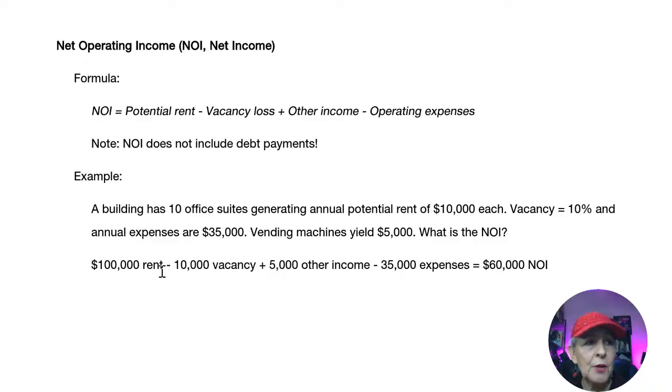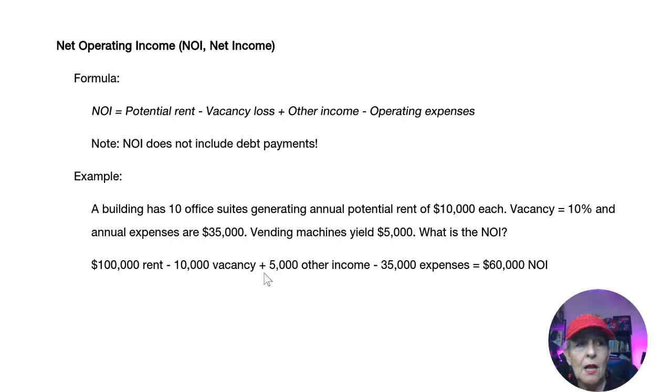100,000 is rent. So that's 10 offices times 10,000 each is 100,000. Minus they have a 10% vacancy. So 10% of 100,000, just move the decimal back, is minus 10,000.